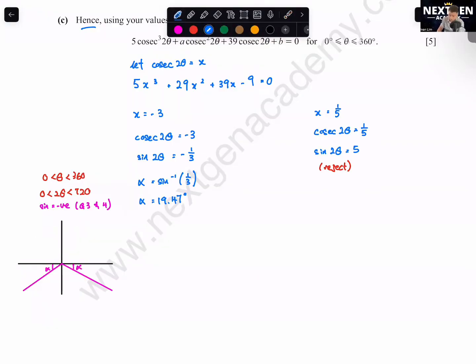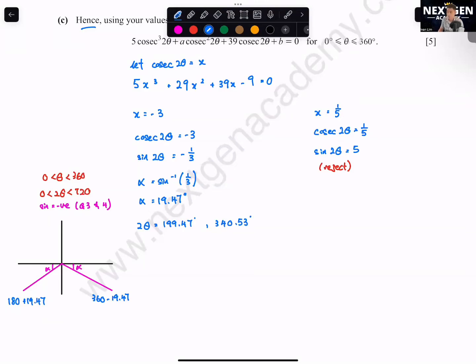Go and calculate the first two, which is, this one is 180 plus 19.47. This will be 360 minus 19.47. Okay, so here, 2 theta. This one is 199.47 degrees. This one here will be 340.53 degrees.